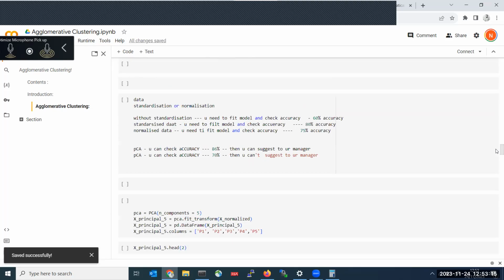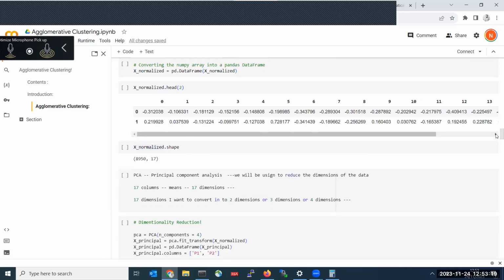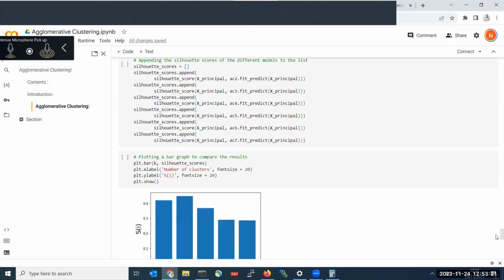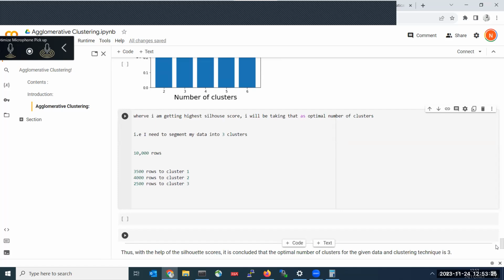So for example, in our example, we have 9,000 rows of data, 8,900. So it is based on each and every data point. For example, if some of the persons have their credit limit, credit limit is one of the features. Based on that credit limit, it can divide into clusters.